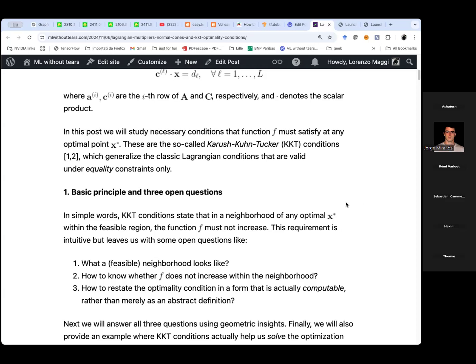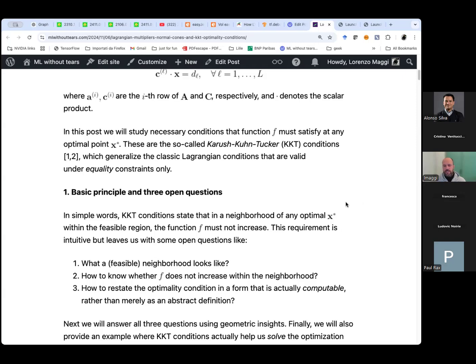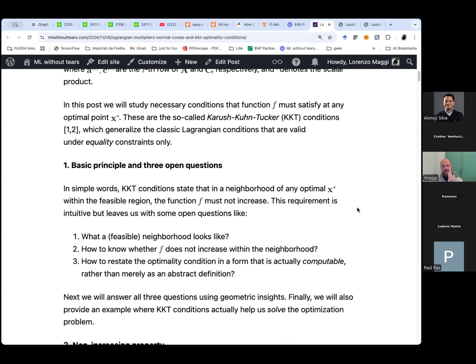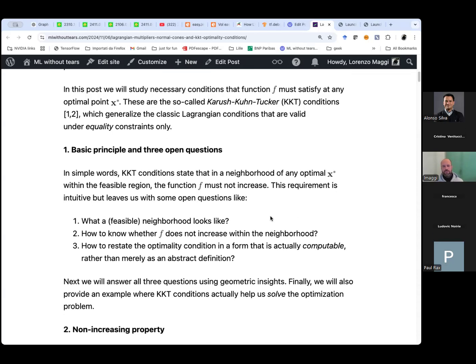Because otherwise, if f increased, then x star would not be optimal. There would be some other x that is better than x star. But we immediately realize that this definition is really not actionable. First of all, what does a feasible neighborhood mean?